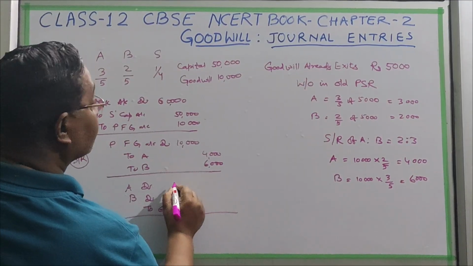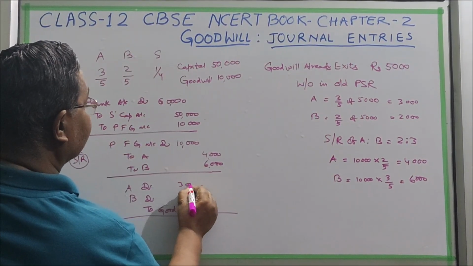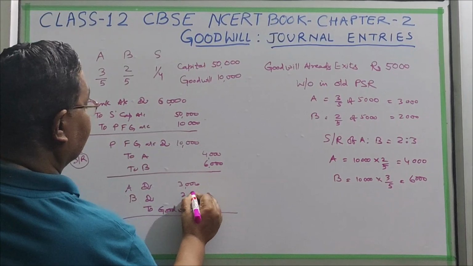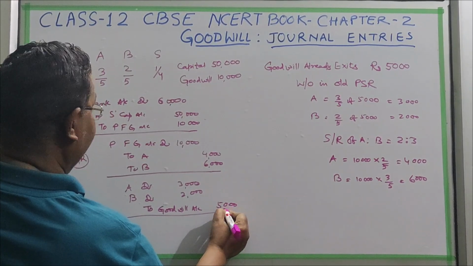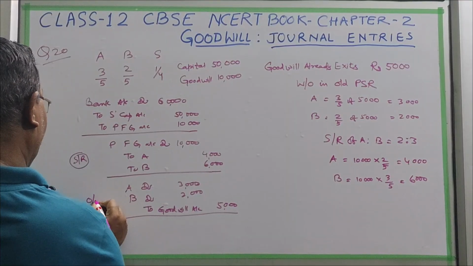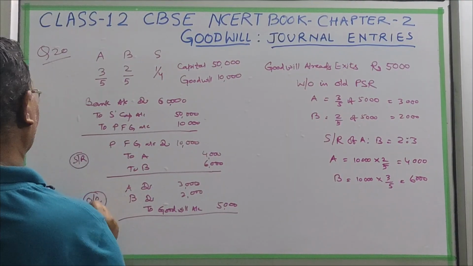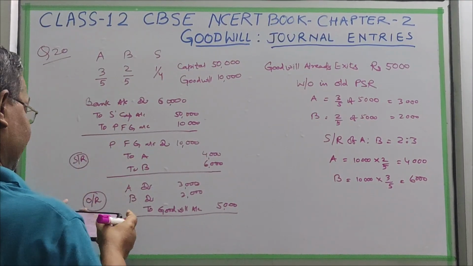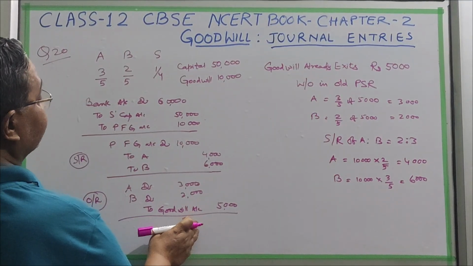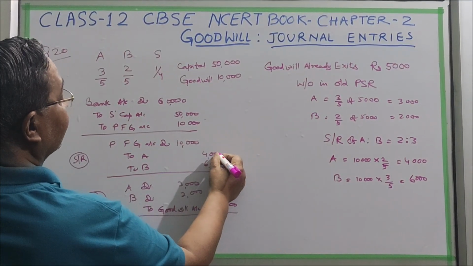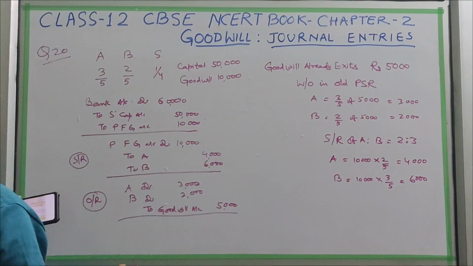Here 3,000 and 2,000, 5,000 old goodwill is written off in the old ratio. This is over. This question is over.